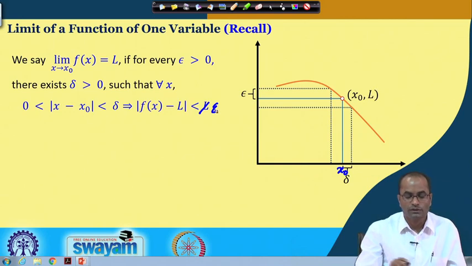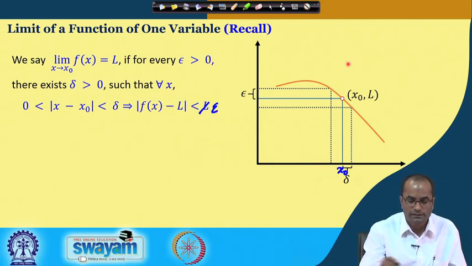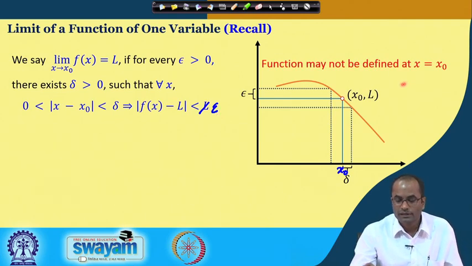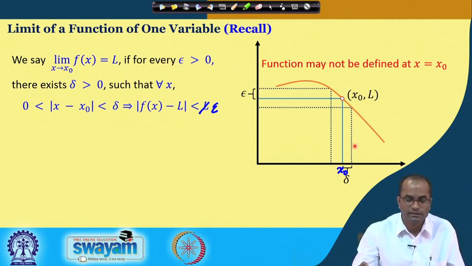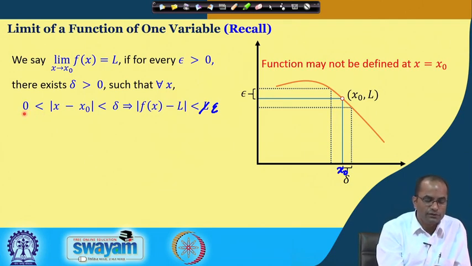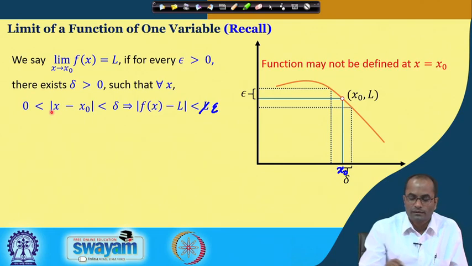That difference will be less than epsilon. And this function may not be defined at x equal to x0. To define the limit of a function at a point x0, the function may not be defined at this point x0, and therefore x equal to x0 is excluded.